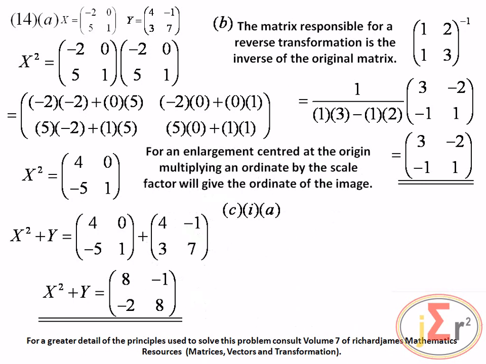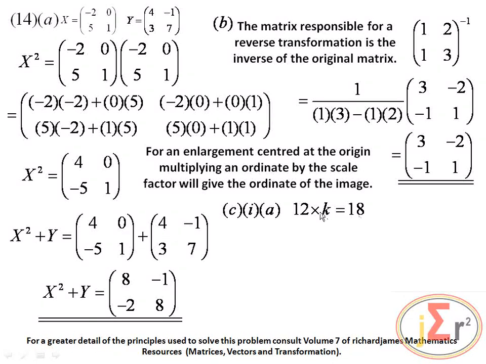For an enlargement centered at the origin, multiplying an ordinate by the scale factor will give the ordinate of the image. So if we have 12 and its image is 18 under an enlargement centered at the origin, we say 12 multiplied by the scale factor is equal to 18.